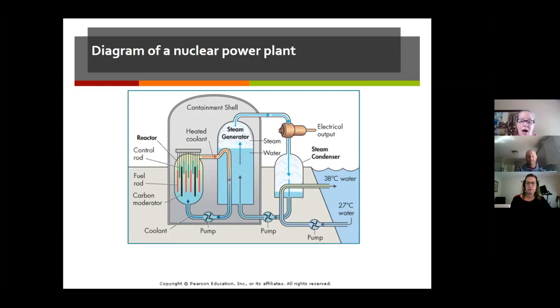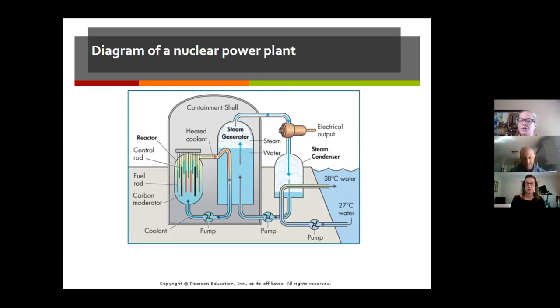Your control rods absorb the extra neutrons. You know how we showed in the previous slide how the chain reaction happens? Well, you don't want that in a nuclear power plant. You only want so much energy being produced at any one time, so you want to control how many reactions happen. The control rods take some of the extra neutrons out of the game, so only so many reactions take place and only so much energy is produced.